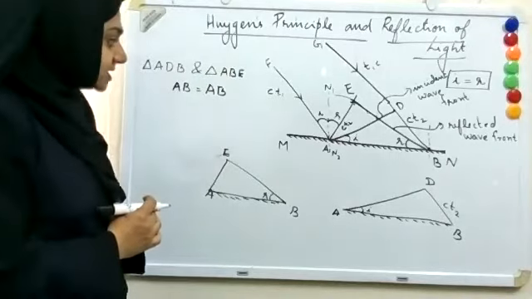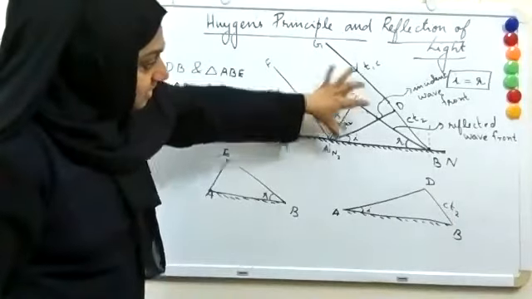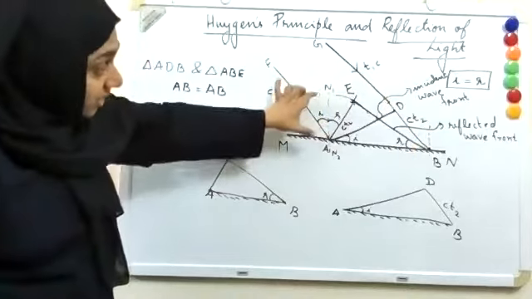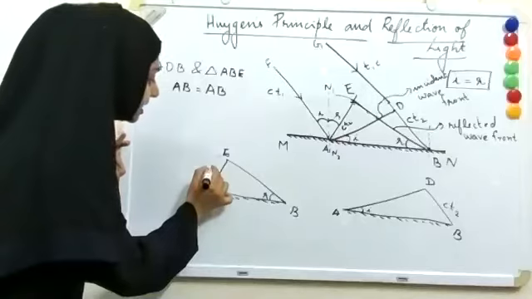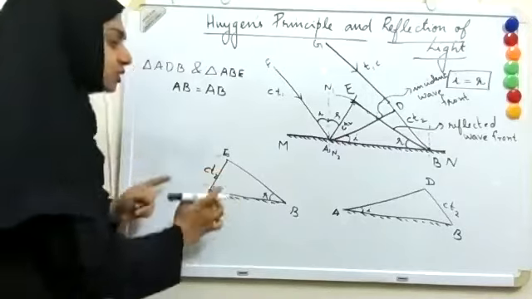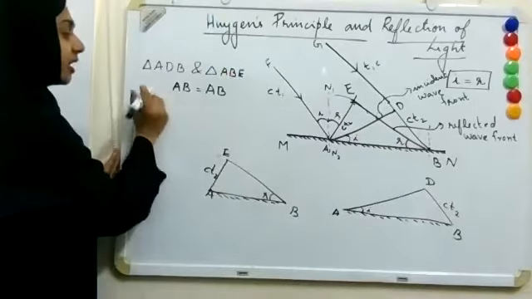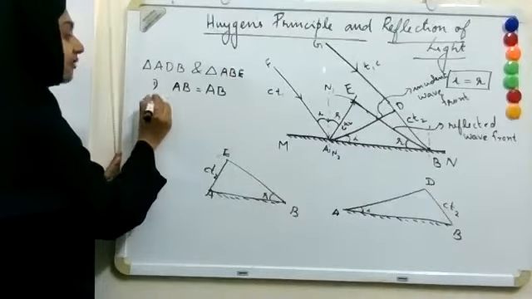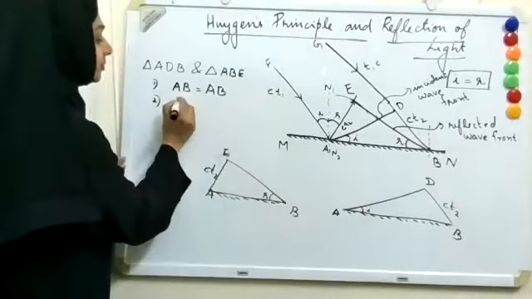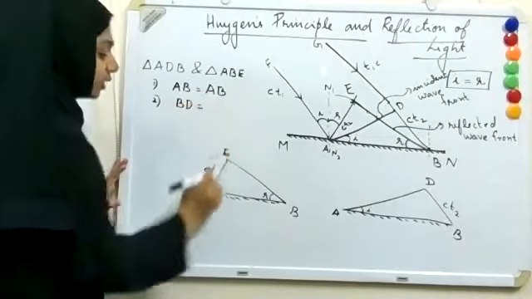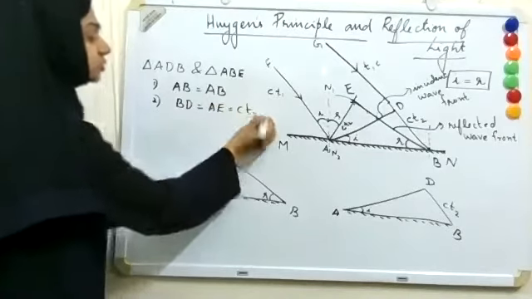Now, we know that this distance is CT/2. We measured the same distance here and drew an arc and we got the point E. So AE is also CT/2. So these two distances are the same. We have another side also equal, which means BD is equal to AE, which is equal to CT/2.